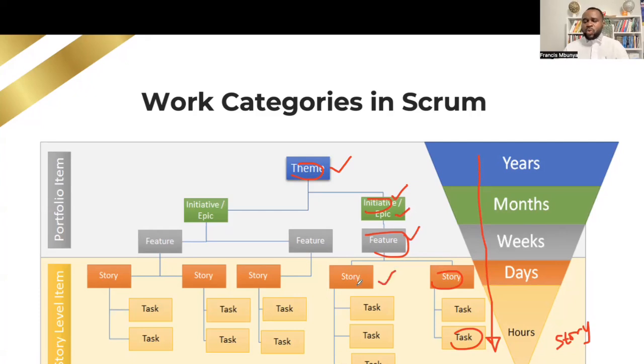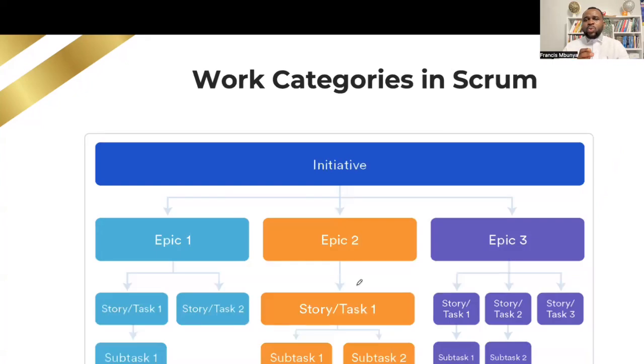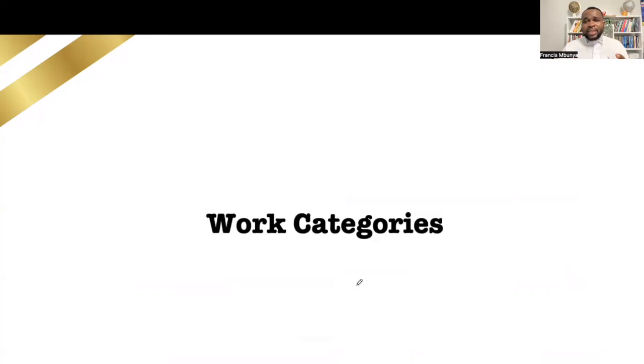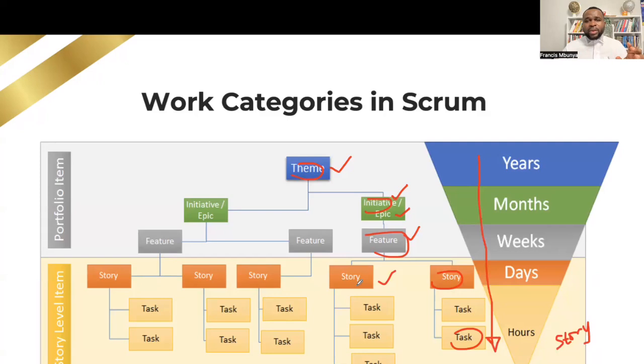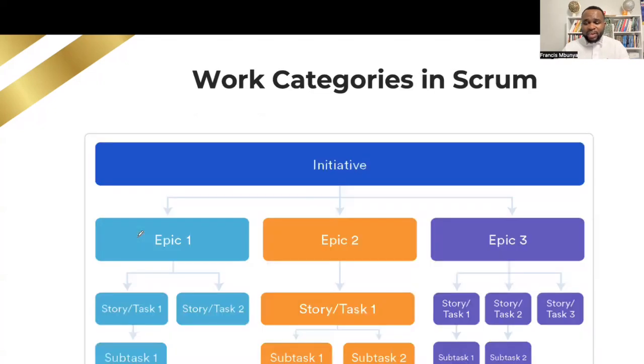Now, I'm going to show you another breakdown, which is going to help us consider this much better. But before I come to this one, which is what many of us are going to be more familiar with, let me take a step back and look at this one. When we talk about a theme, what is it about? And now, if you're a Scrum Master, sometimes you only start interacting when we get to the level of feature, which is what I'm going to explain in the next slide.